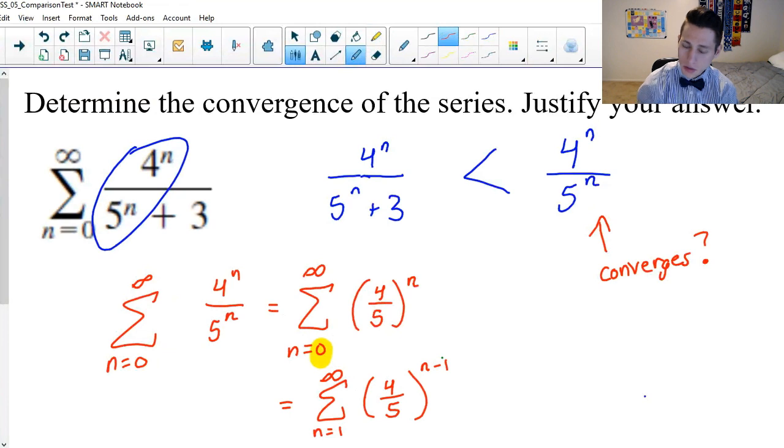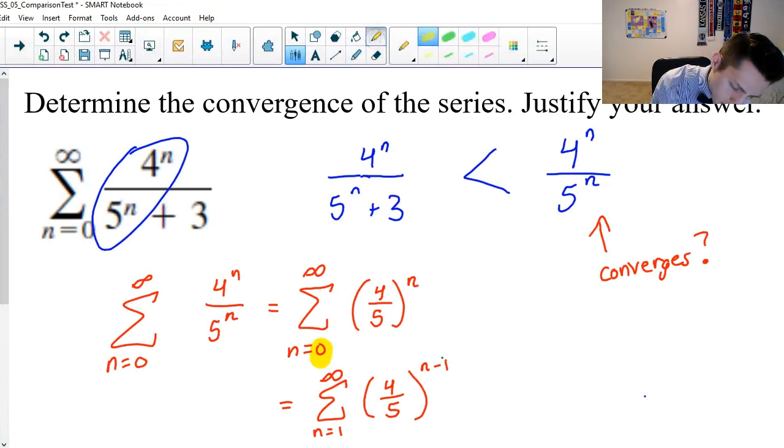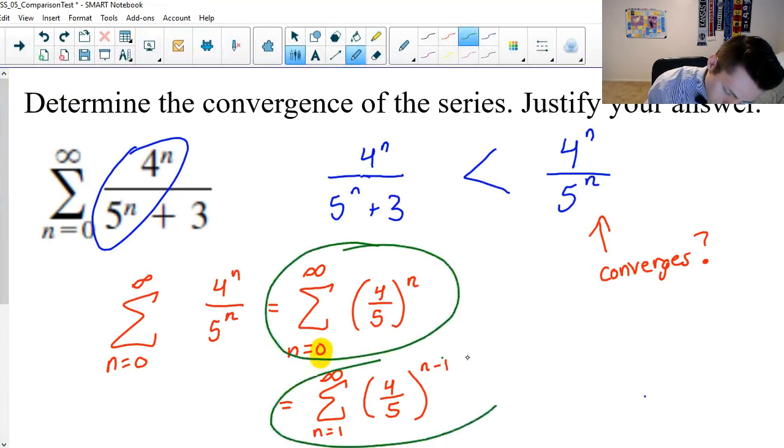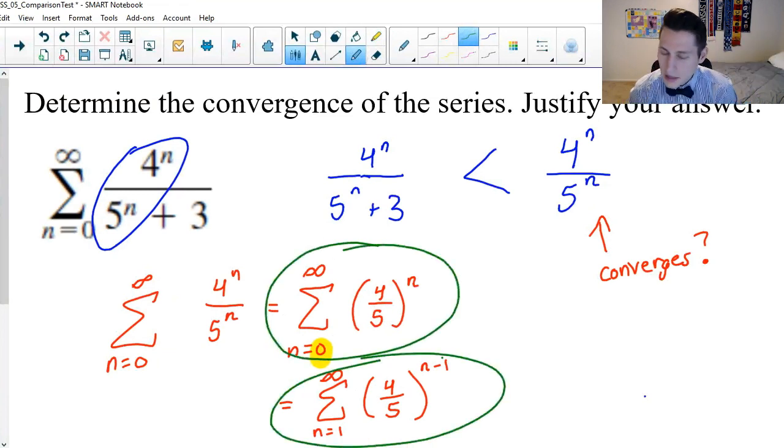So these two series are still exactly the same. I just changed how I wrote it so that it's in the correct form. If I bump that bottom number up 1, I need to account for that by subtracting 1 in the actual equation. So it all evens out.